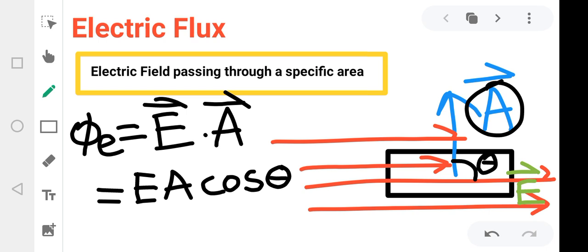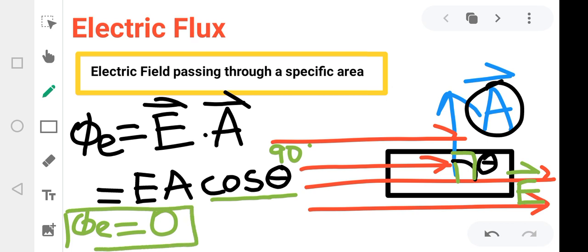If you see it more precisely, it is nothing but 90 degrees. So I will put 90 degrees instead of theta. As we know, cos of 90 is equal to 0, and I will get electric flux equal to 0.